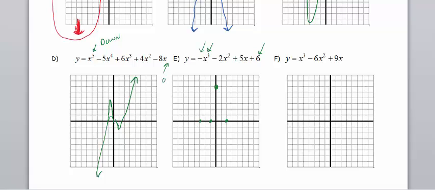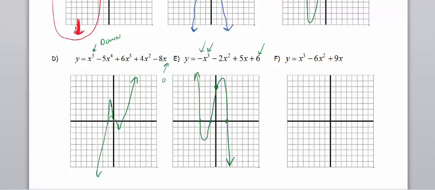So these are our points we're going to be shooting through. So -3 comes down, goes up, goes through 6, and then shoots back down through +2. And I was able to look at my graph and see all those different factors. So it's not really hard to differentiate there as you're looking through them.